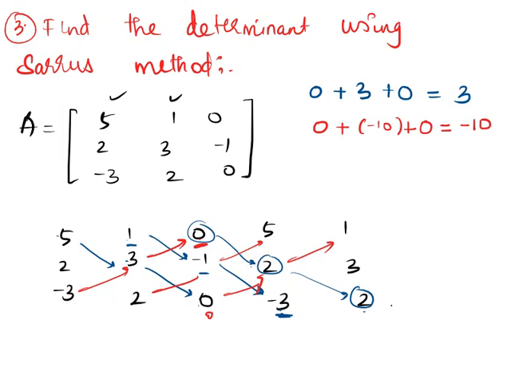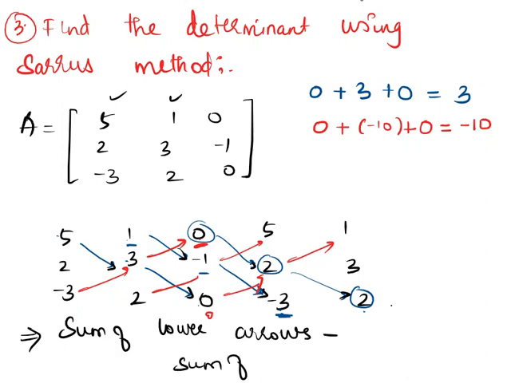Now according to Sarrus' rule, the formula is sum of lower arrows, so these are the lower arrows, minus sum of upper arrows.